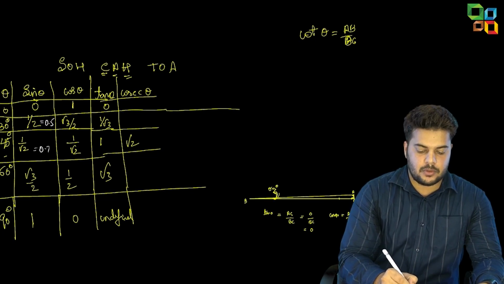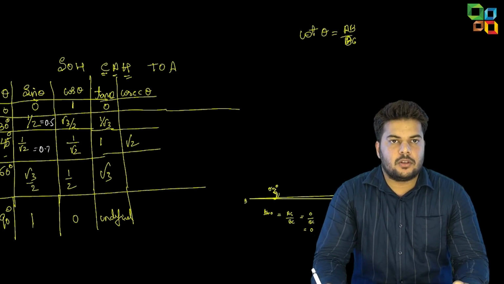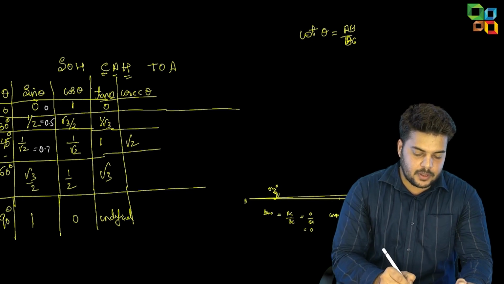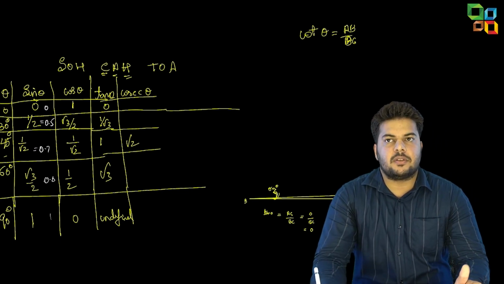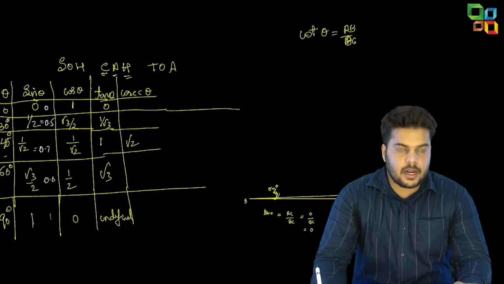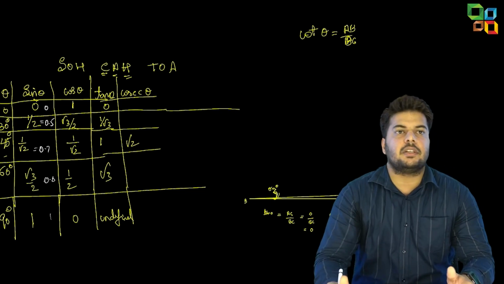Let's write 0.7. So can you guess where the sine value is? So 0, 0.5, 0.7, then around 0.8, and this is 1. So you see how the sine values are increasing. So our value, 0.625, is coming somewhere between 30 and 45, isn't it?